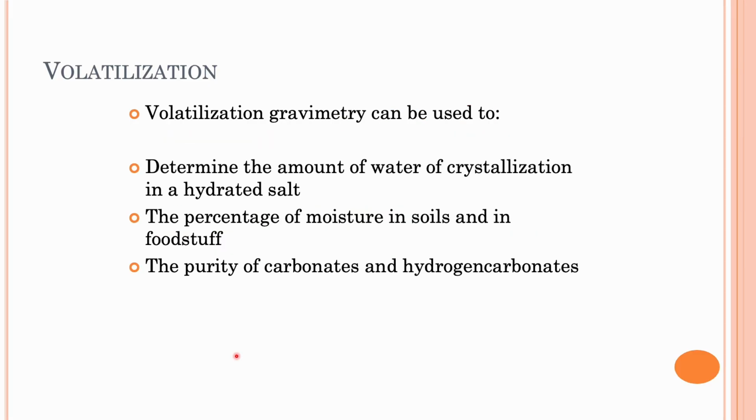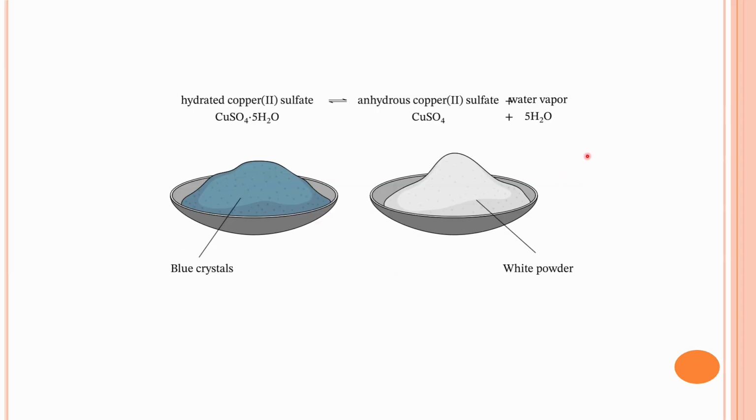Some examples of volatilization involve determining the amount of water of crystallization in a hydrated salt. So this is showing you the example of the amount of water of crystallization in a hydrated salt. Here you have your hydrated copper(II) sulfate. This is typically your gravimetric analysis lab, and it is blue in color.